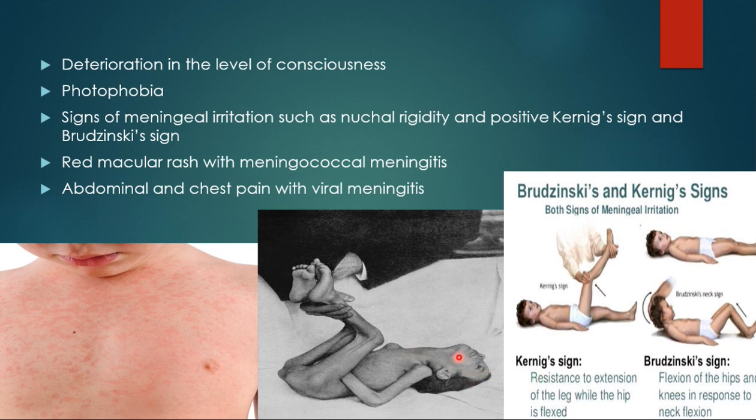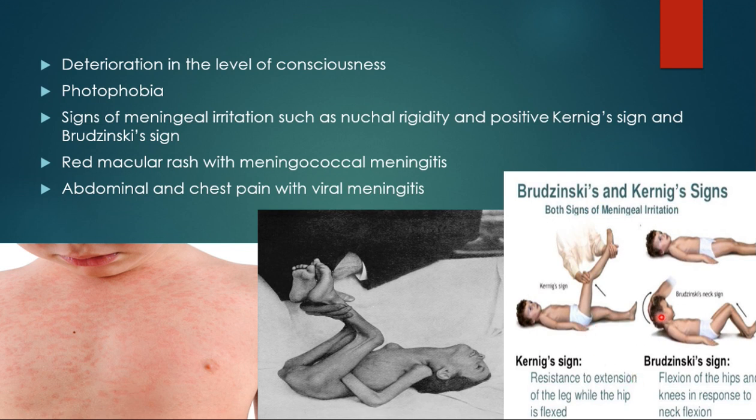Here you can see the head bent back while the body is bowed forward. Especially we can see it with a positive Kernig sign. So this is all about the Kernig sign, resistance to extension of the leg while the hip is flexed. There will be pain.